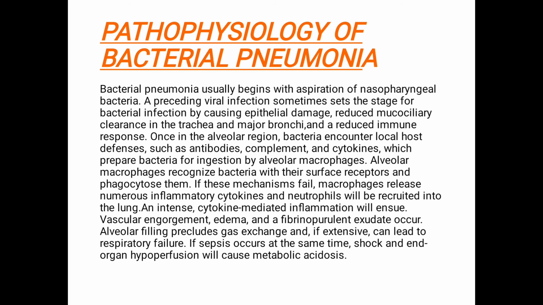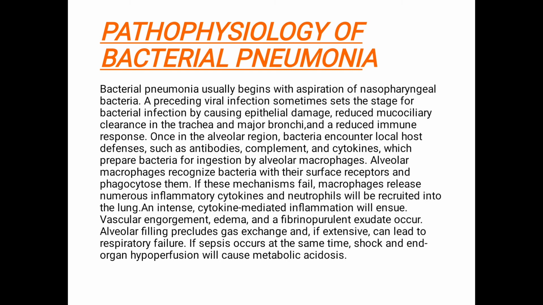So initially our alveolar macrophages try to destroy the bacteria with the help of phagocytosis, and if this mechanism fails, our body produces numerous inflammatory cytokines and neutrophils. With the help of this, further destruction of the bacteria is promoted.